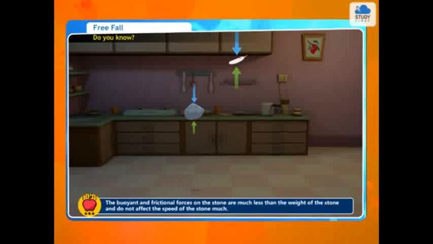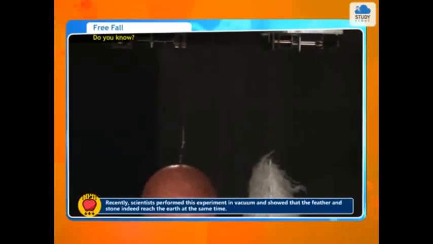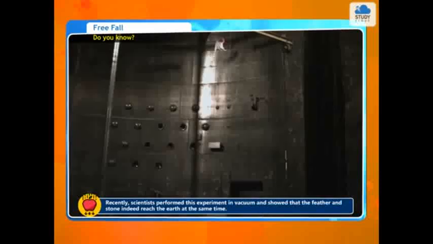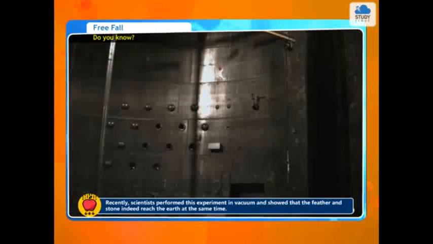The buoyant and the frictional force on the stone are much less than the weight of the stone and do not affect the speed of the stone much. Recently, scientists performed this experiment in vacuum and showed that the feather and stone indeed reach the earth at the same time.